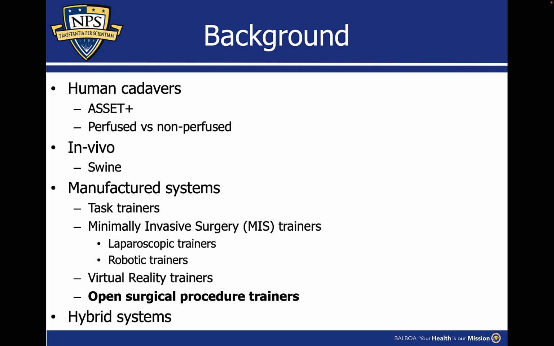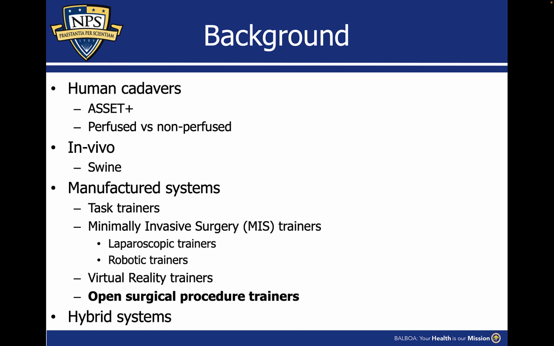I know the emergency department uses these extensively to practice their chest tube insertions as well as their resuscitative thoracotomies. There's actually quite a robust general surgery protocol where we can use them for the same types of procedures as well as vascular access, vascular cut downs, intra-abdominal procedures that we have available to us.